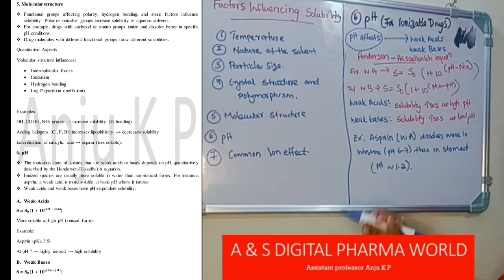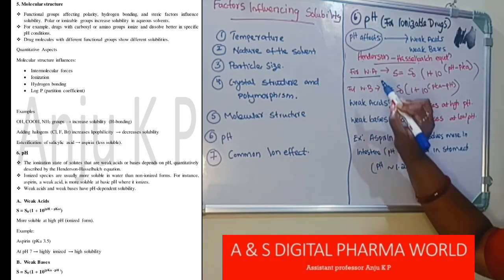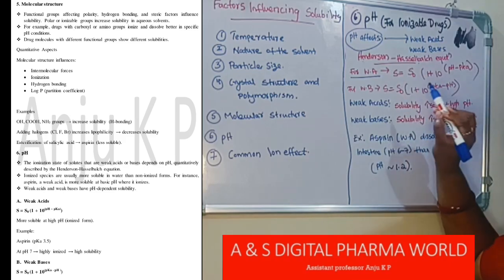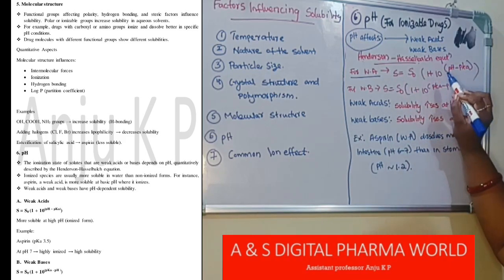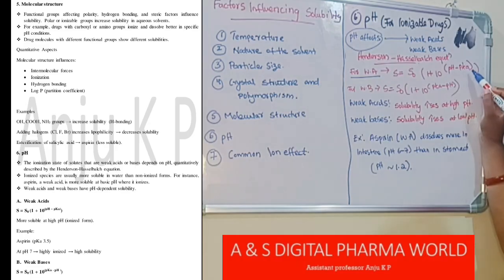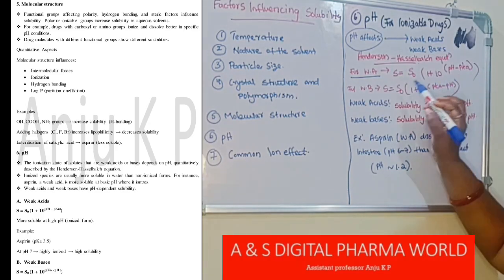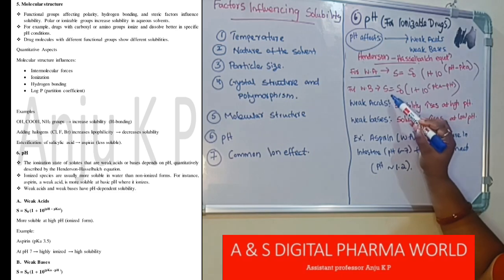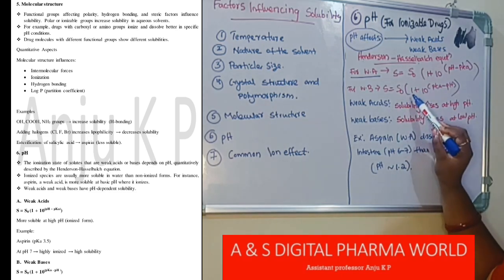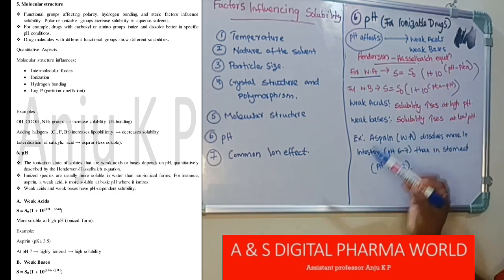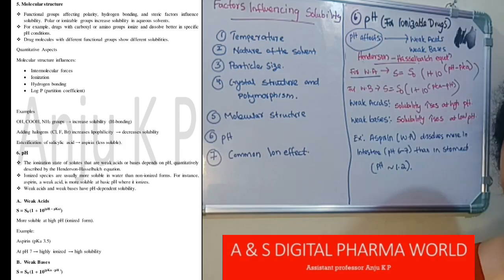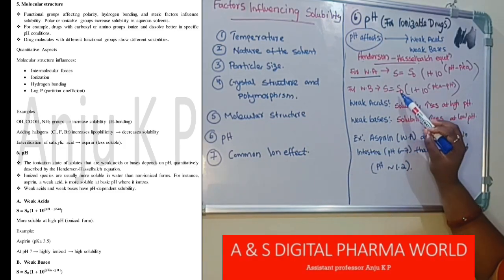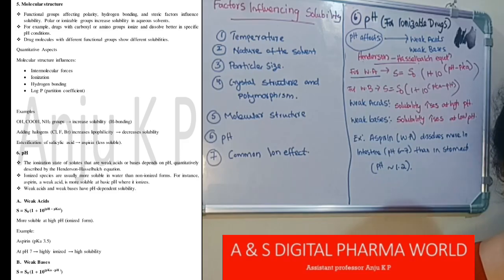For weak acids, we can represent the solubility as S = S0 × (1 + 10^(pH − pKa)). For weak bases, it is S = S0 × (1 + 10^(pKa − pH)). Here S is the solubility and S0 is the intrinsic solubility.